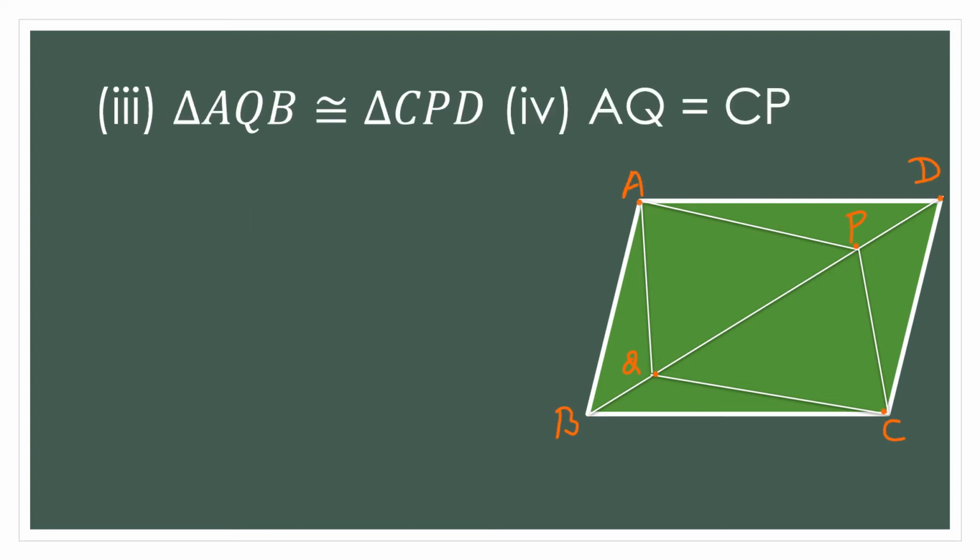In the third part, we will prove triangle AQB is congruent to triangle CPD. Mark the triangle AQB, so this is the smaller triangle, and CPD. This is also by the same procedure.